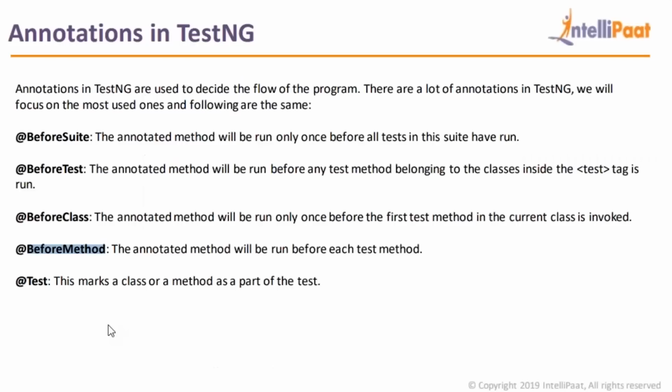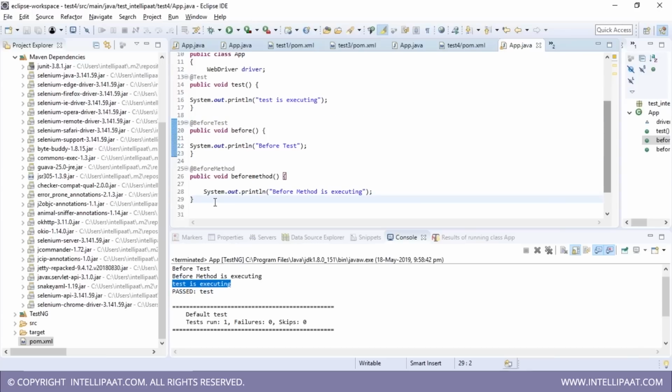The next annotation that we have is BeforeSuite. Let's understand that. And then we have BeforeClass as well. Let's put all these annotations together, BeforeSuite and BeforeClass, and see how the execution sequences. Let's first put BeforeClass.